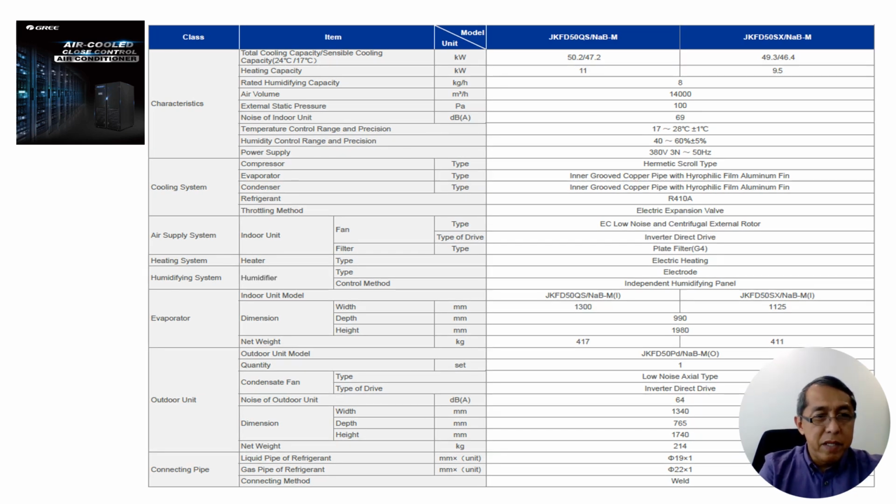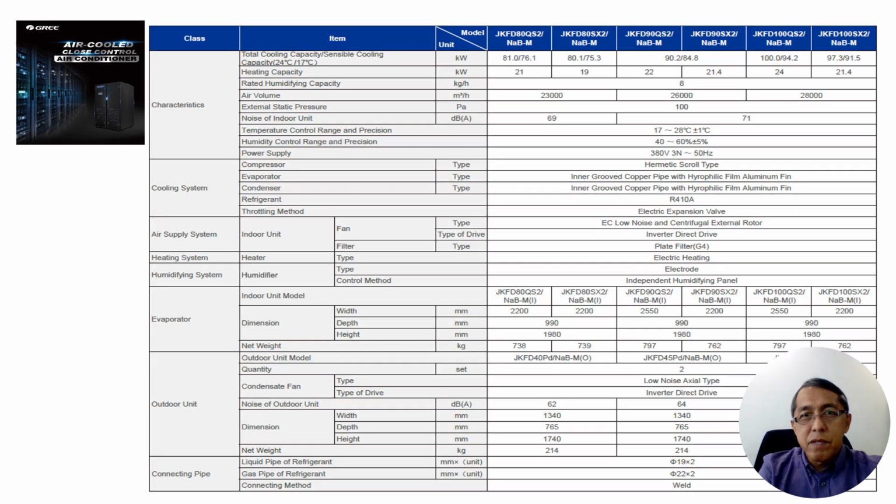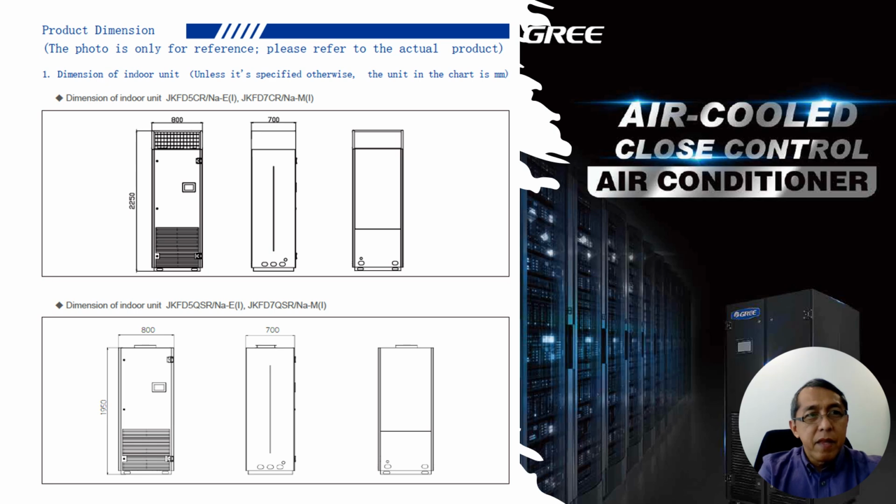So, additional specifications that you can look upon. I think this is the last, 97 kilowatt. I think there's a product dimension. The photo is only for reference, but you can also use this already for your design.